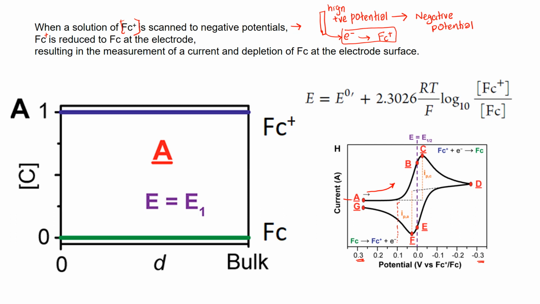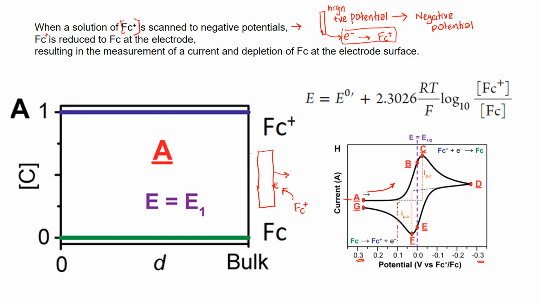That means when there is an electrode here, on this electrode, the electron will be on the surface of the electrode, so Fc plus will get attached to this electron, because the electron cannot move in the electrolyte.